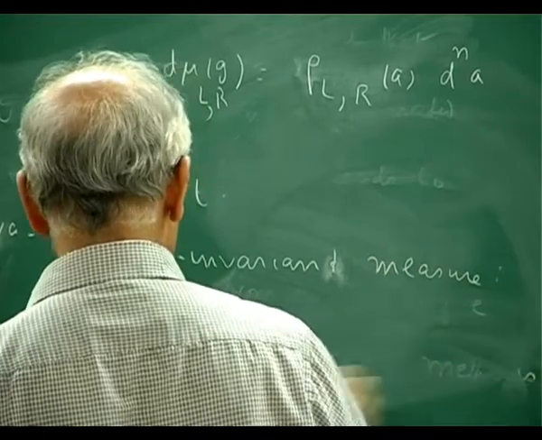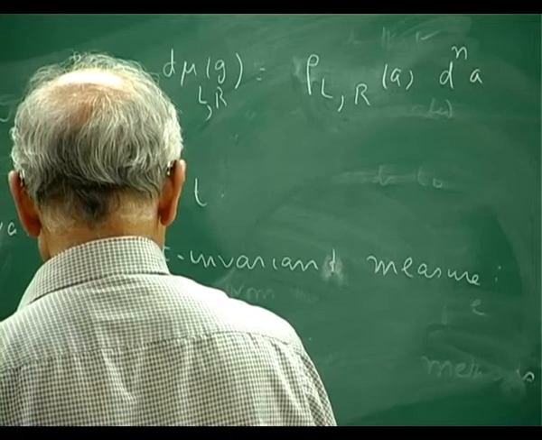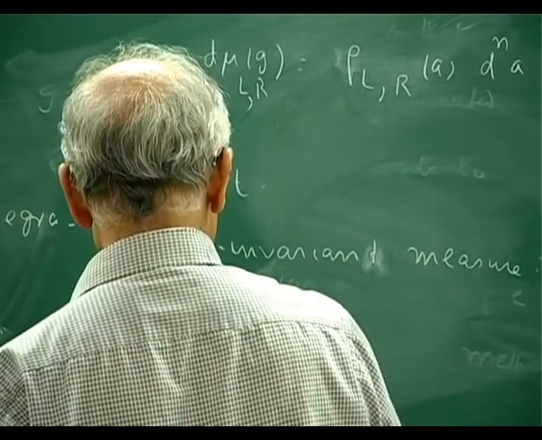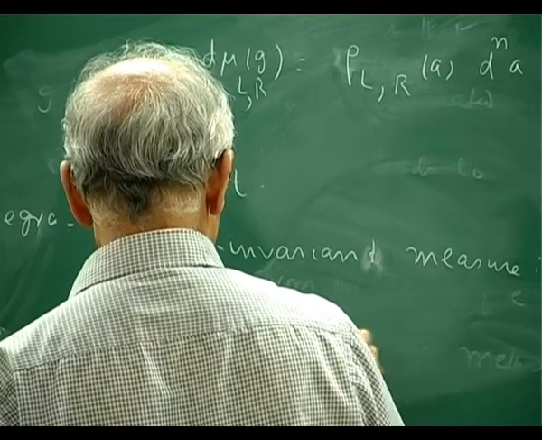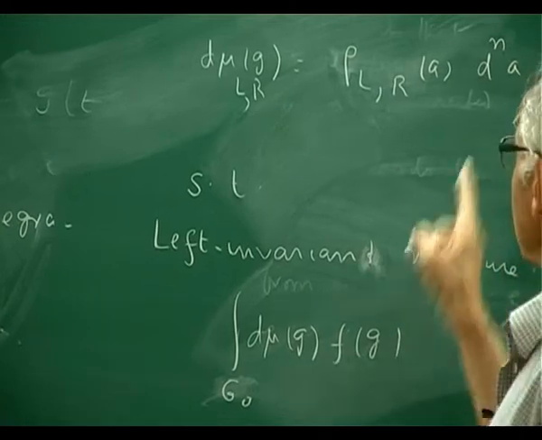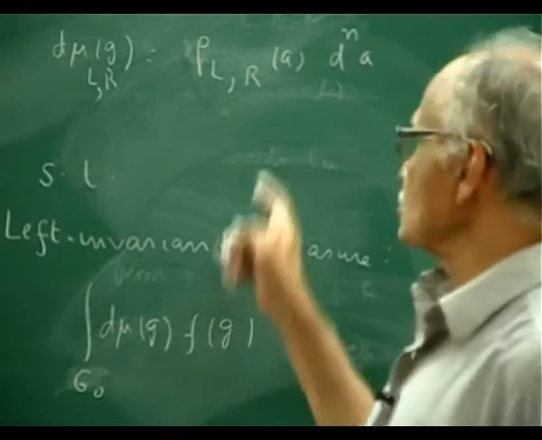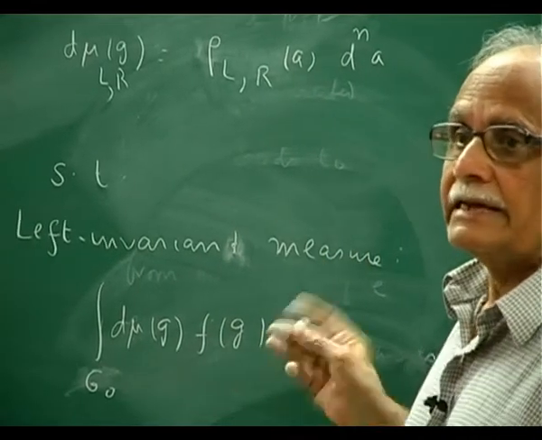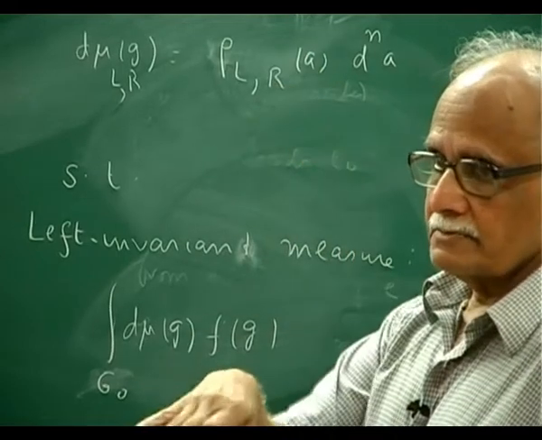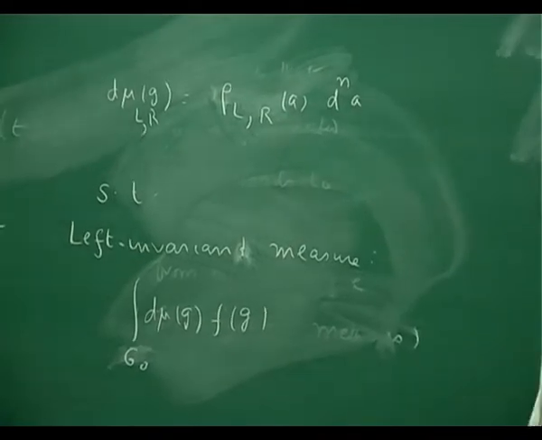there are two in general, means that if I integrate on G0 any function, d mu of g f of g, this integration is the usual thing: you put in local coordinates and integrate. The coordinates are not globally valid, but these non-validities are on surfaces of lower dimension, so in the integral they wash away.